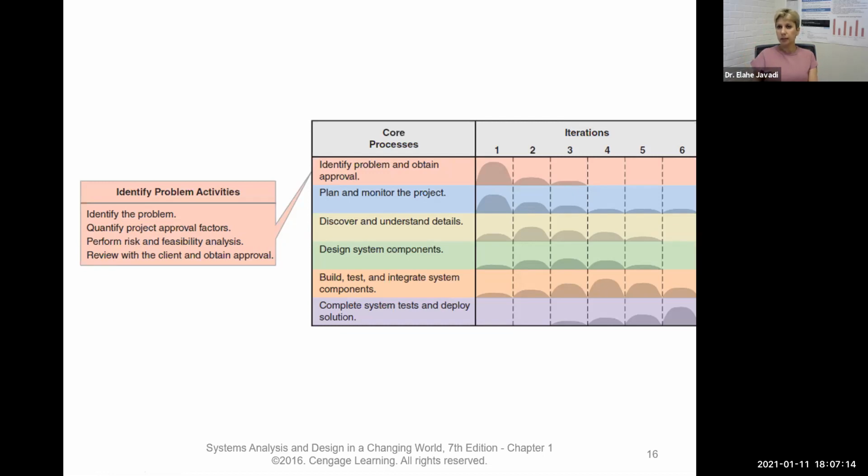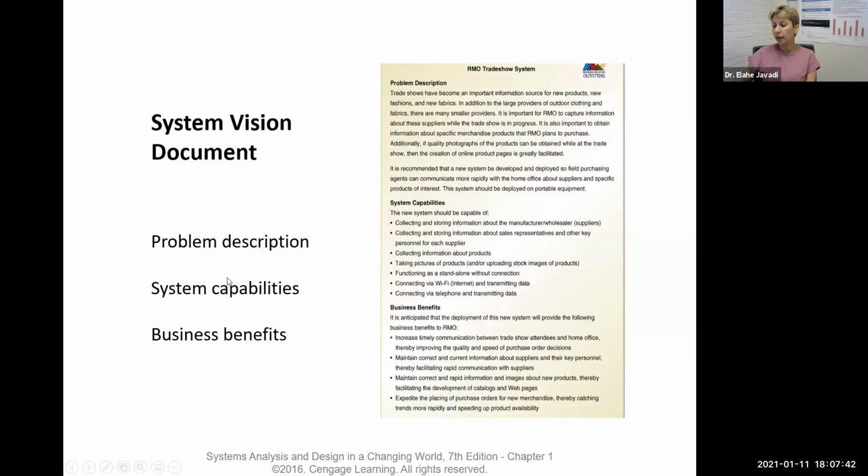We're going to talk about that document in a few minutes. You're going to talk about risk and feasibility of the project, and then review with your sponsors for approval. So if you haven't seen this, or it's your first time, this is just the beginning, the first step: putting together ideas, proposing a solution, and trying to get money for this solution so you can actually work on it.